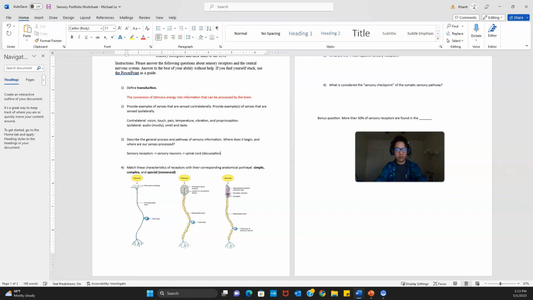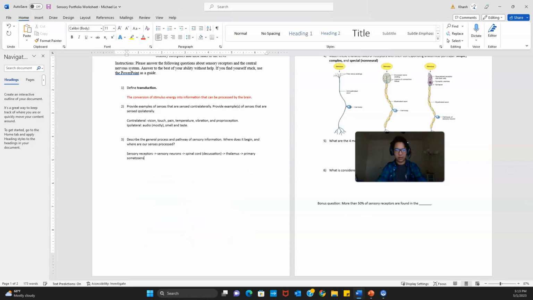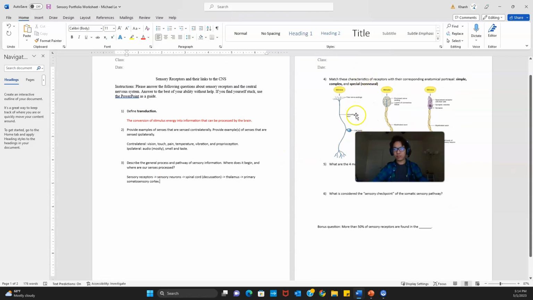I want to make a note that decussation often happens. Then that leads to the thalamus, and finally the primary somatosensory cortex. So this specifically relates to somatosensory processes, not necessarily vision, hearing, taste, etc.